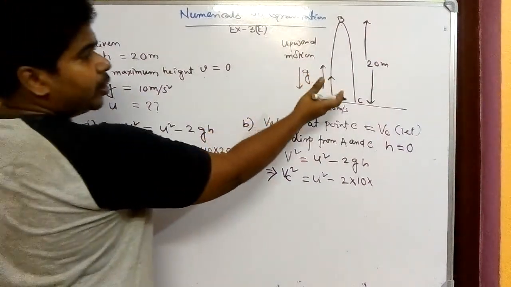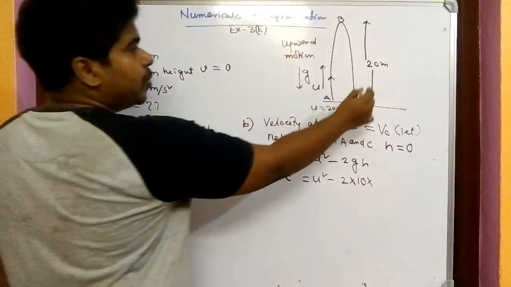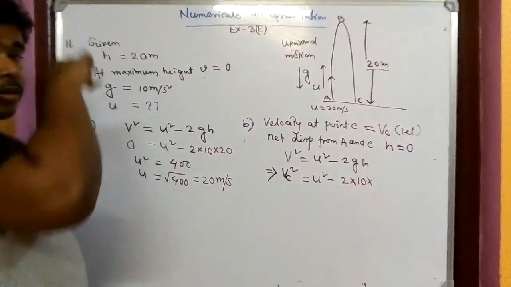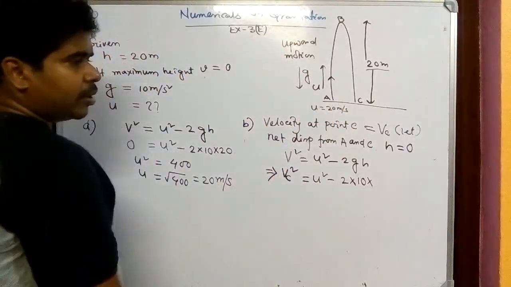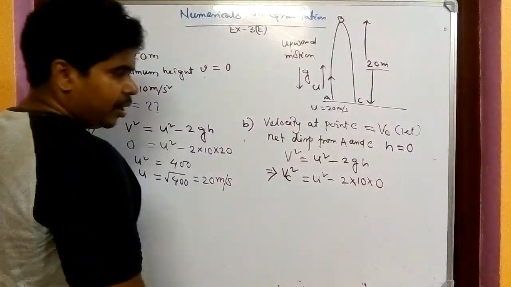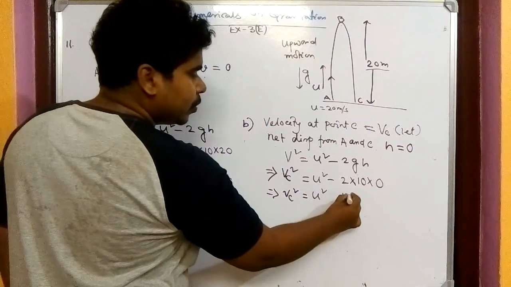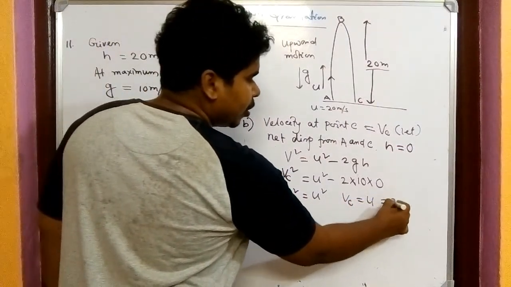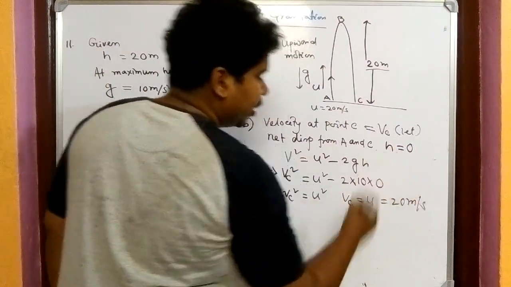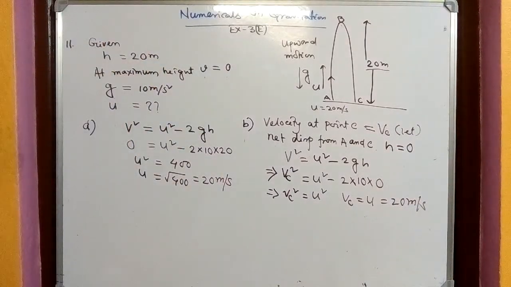When it goes from A to B, the displacement is 20 meter from the ground. But when it again reaches C, the displacement is 0. So Vc square equals U square, so Vc equals U, that is 20 meter per second. So when the ball reaches the ground, the velocity is also 20 meter per second. Okay, I think it is clear.